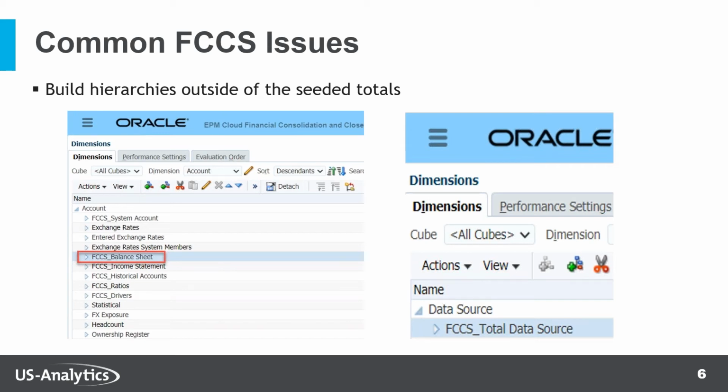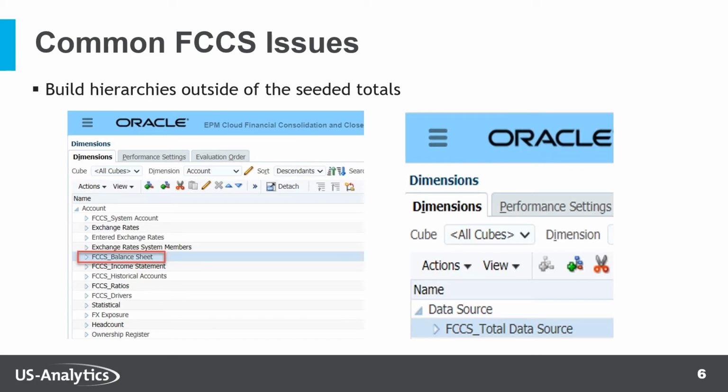It was there for your use, so that the pre-built rules that Oracle has developed for this product can run off of their seeded members. So when implementers were coming in and unsure what to do with these seeded totals, there was a tendency to build alternate structures.